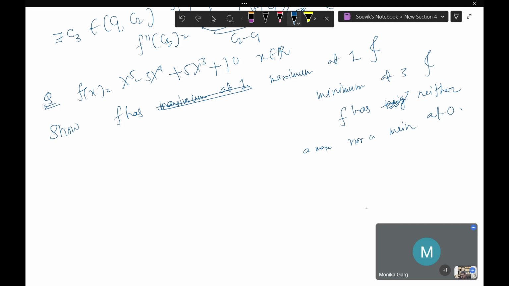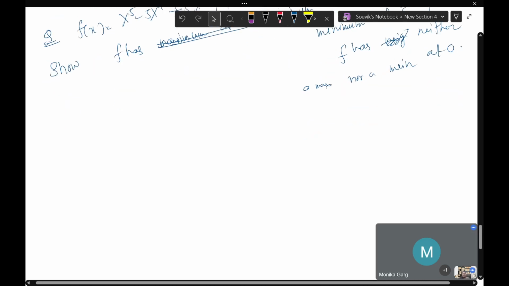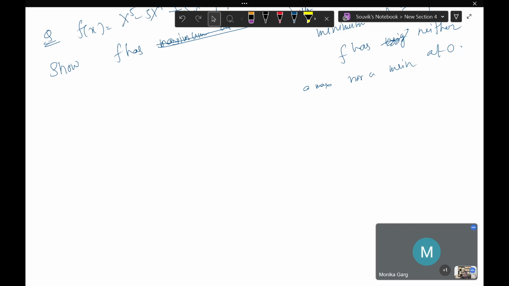So what about 0? You have told us the second derivative at 0 is 0, right? Yes. So we need to show that it is neither maximum nor minimum at 0. From the second derivative you can't decide anything because the second derivative is itself 0, right? If the second derivative at some point is 0, then you really can't decide anything from that. So if the second derivative is 0, then what to do?